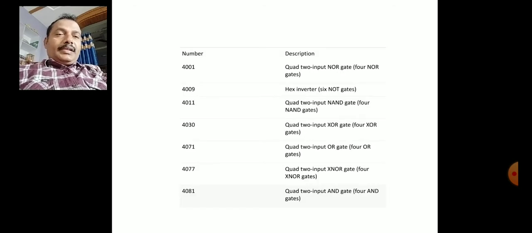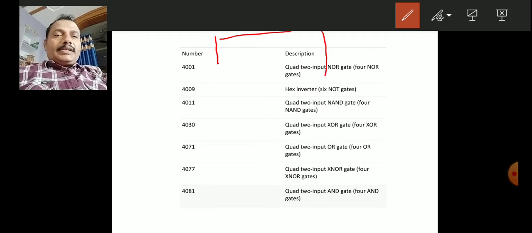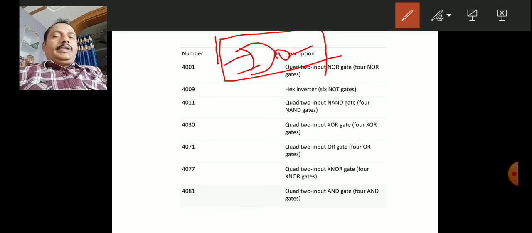Let us consider CMOS ICs. 4001, this is the 2 input quad NOR gate, that means 4 NOR gates are manufactured in a single piece of semiconductor material. 4 NOR gates, each is 2 input, like this.